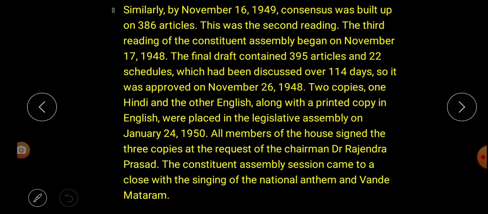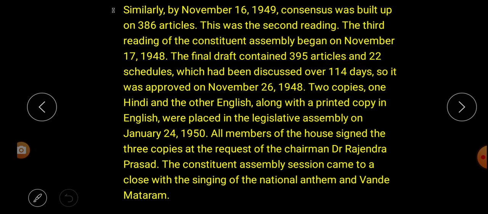The final draft contained 395 articles and 22 schedules which had been discussed over 114 days. So it was approved on November 26, 1948. Listen. At last, the final draft contained how many? 395 articles and 22 schedules.